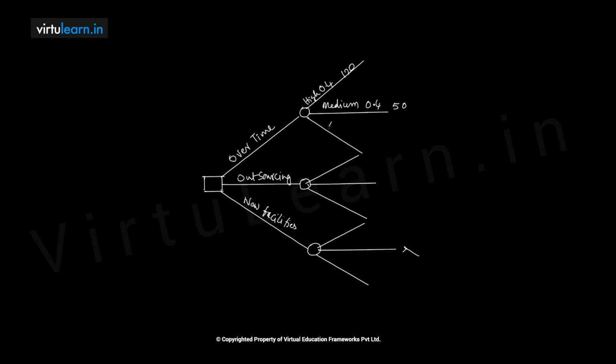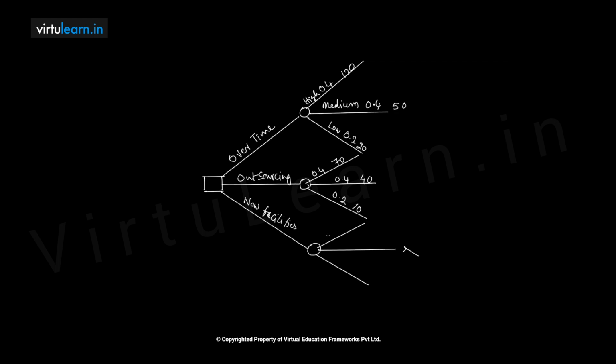Here low demand is there, probability is 0.2 and the profit is 20 lakhs. Then in case of outsourcing, the same way 0.4 for high demand and 70 lakhs profit. Here same medium demand 0.4, then 40 lakhs as profit. Here low demand 0.2, here it is 10 lakhs profit.